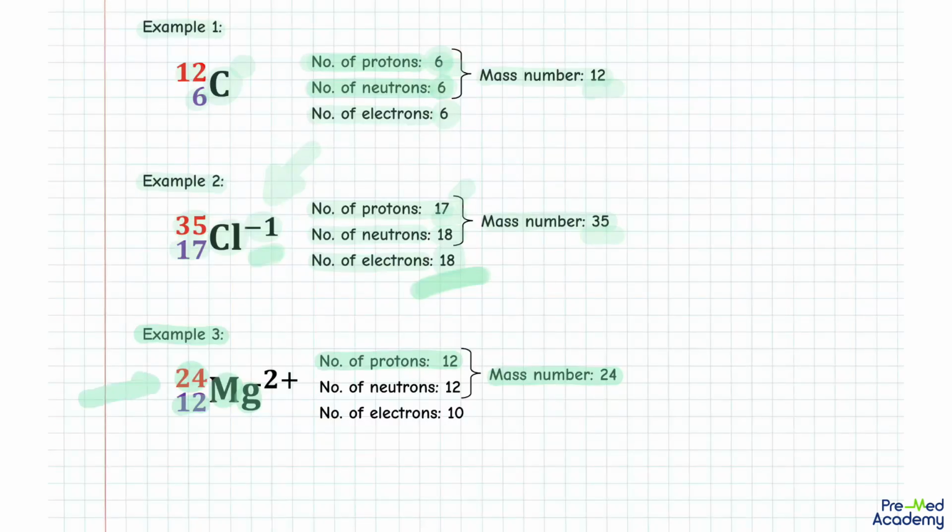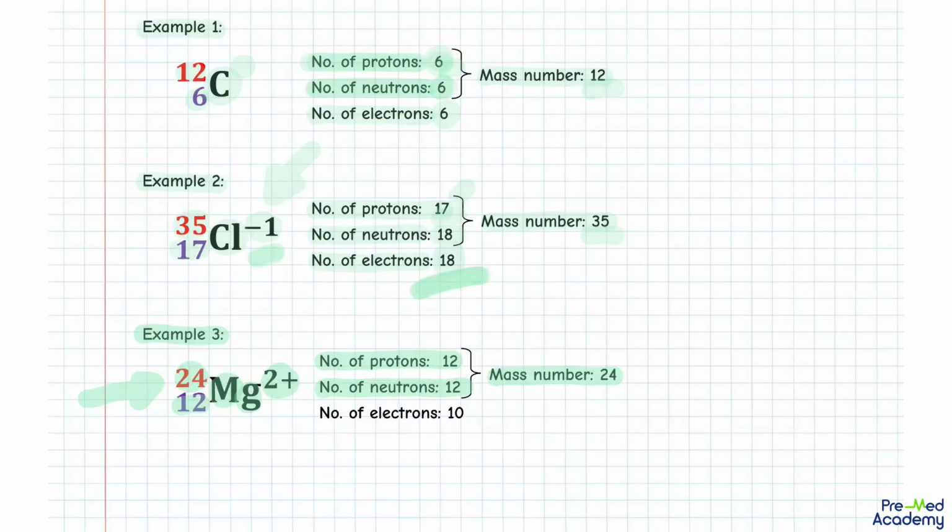But in this magnesium atom, the mass number is 24. From this, it is possible to deduce the number of neutrons, 24 minus 12, that is, 12 neutrons.